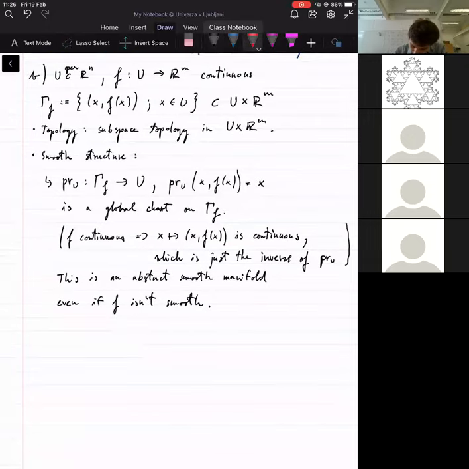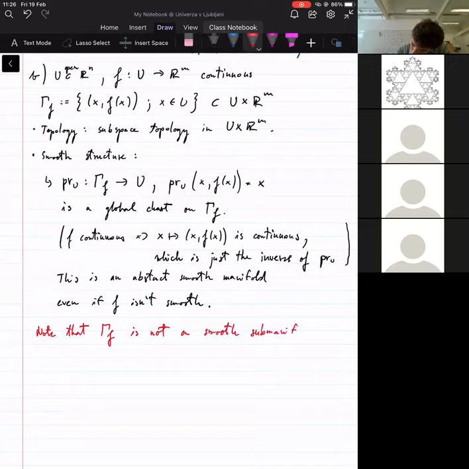So let's write here. Note that the graph is not a smooth submanifold of U times Rm if the map f isn't smooth.